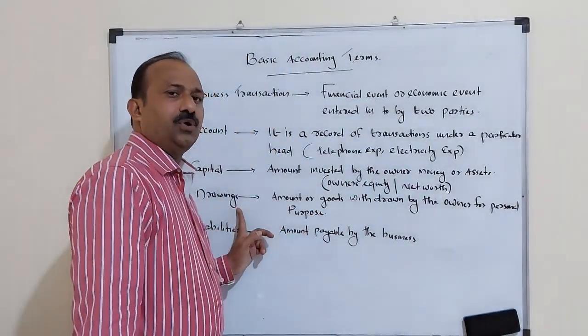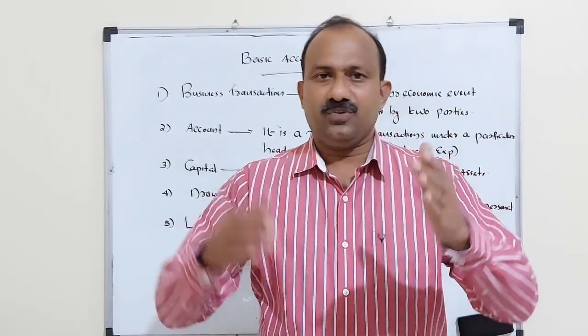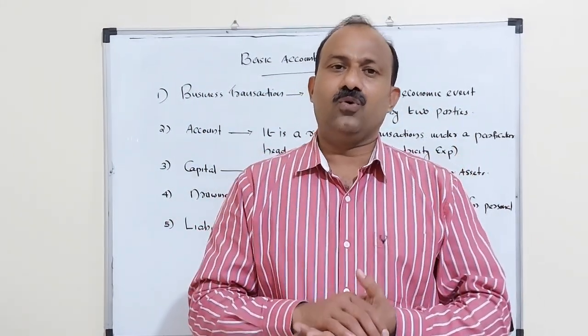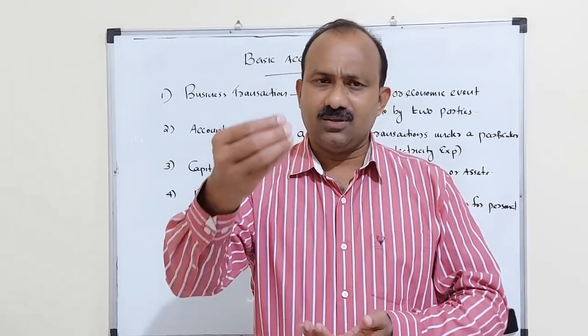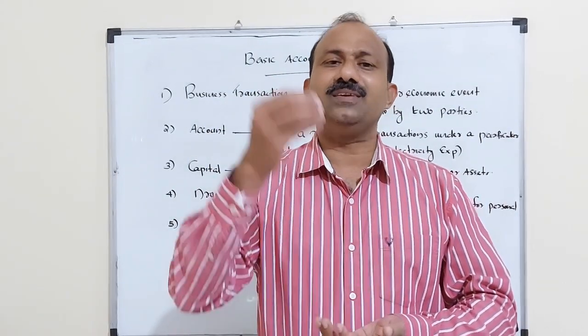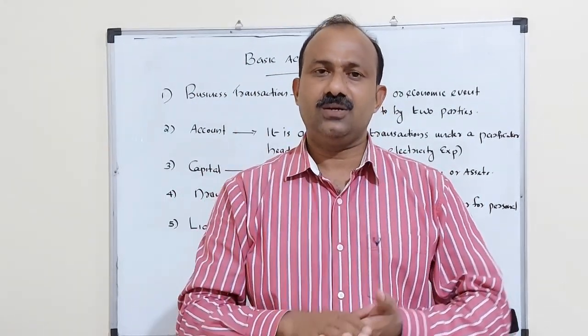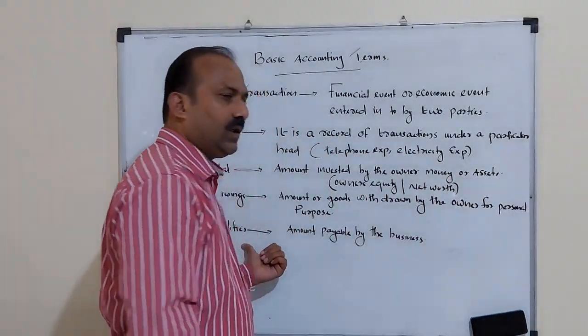Another term is drawings. The amount or goods withdrawn by the owner for his personal use is known as drawings. Sometimes the owner may take some money or goods from the business for domestic or personal purposes, which can be called drawings.